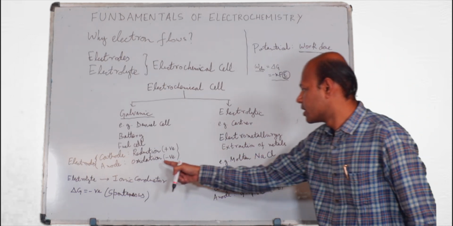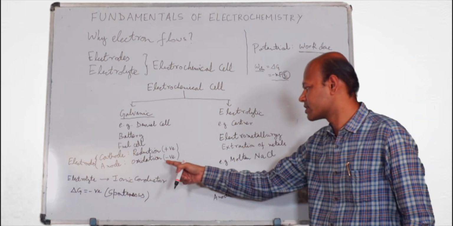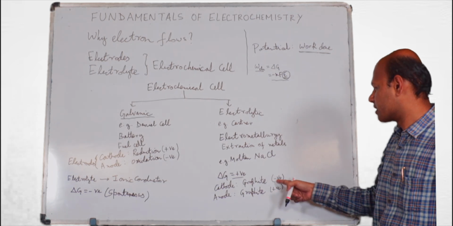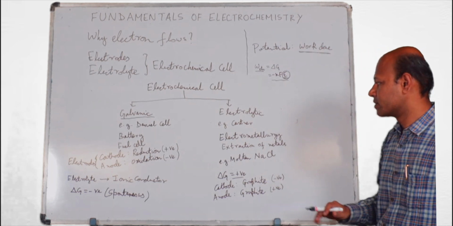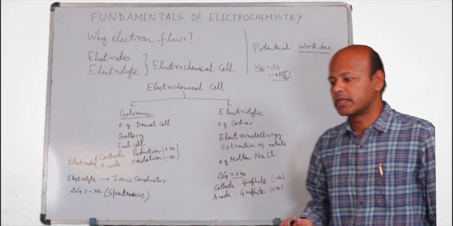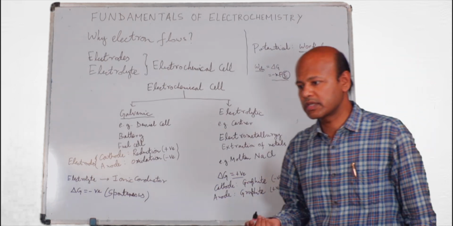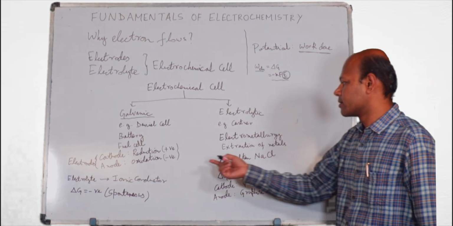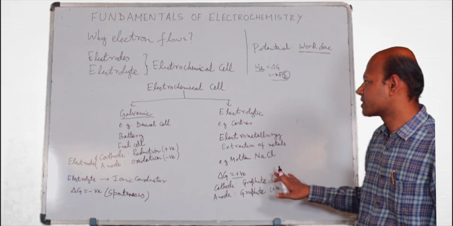So the only difference is that the cathode is positive in a galvanic cell, and in an electrolytic cell the cathode is negative. Cathode means electron gain, reduction will occur, and anode means oxidation will occur, that is loss of electrons, and only the sign changes. So this is the difference between galvanic cell and electrolytic cell.